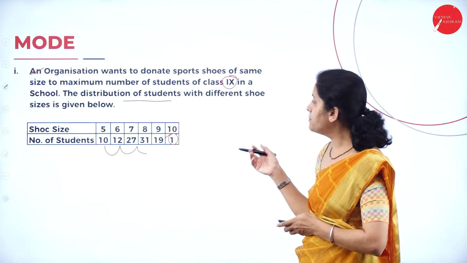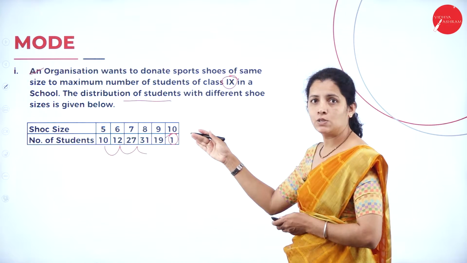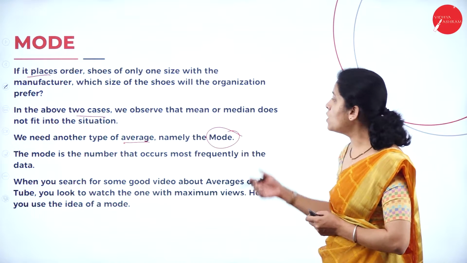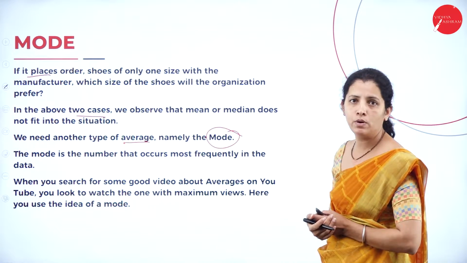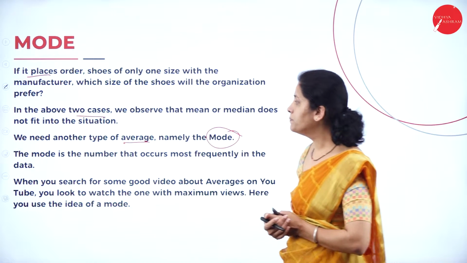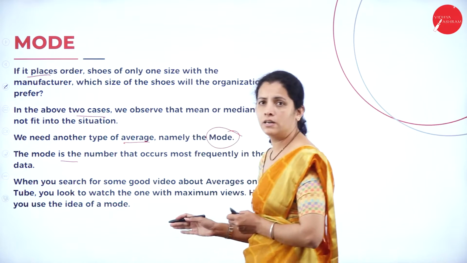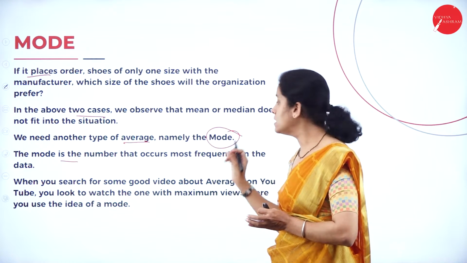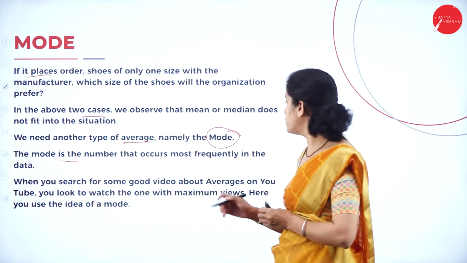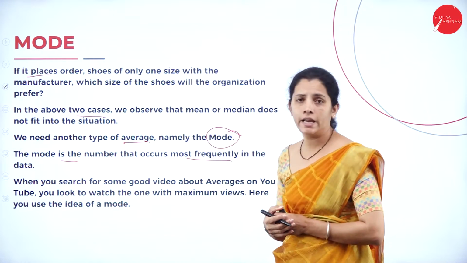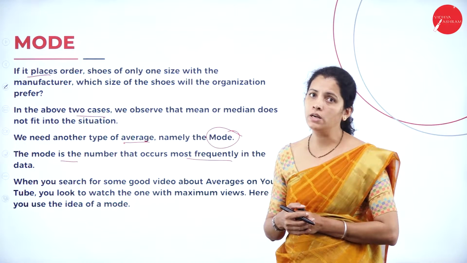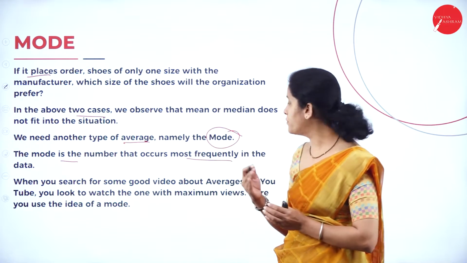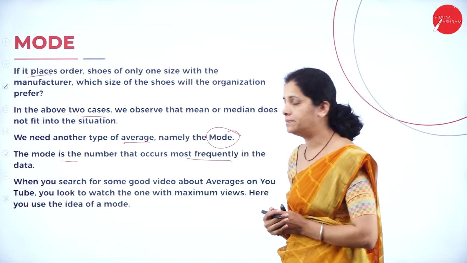I cannot apply mean as well as median for this observation, so what I can do is apply mode. So what is mode here? It is nothing but a number that occurs most frequently in the data.